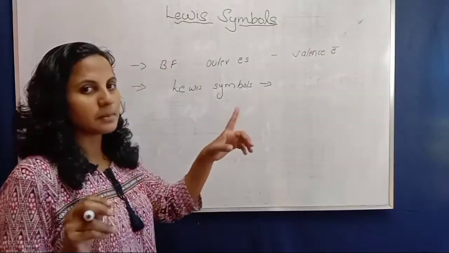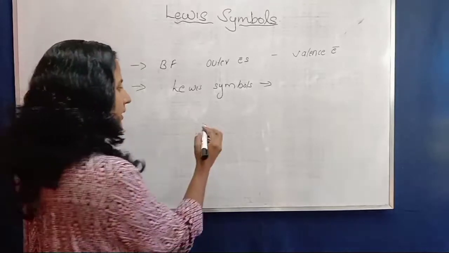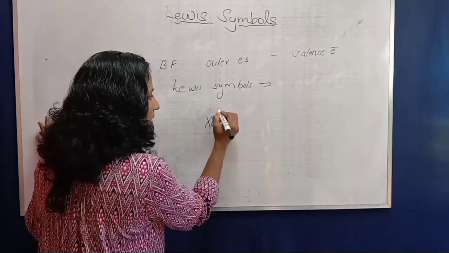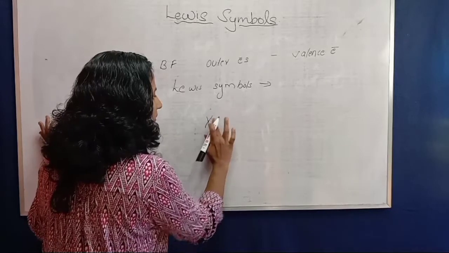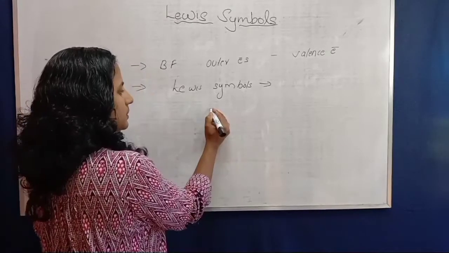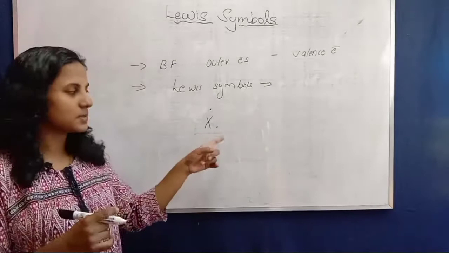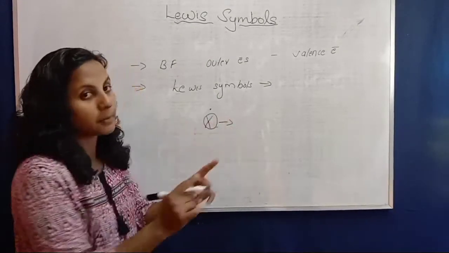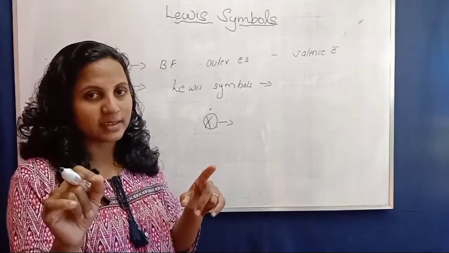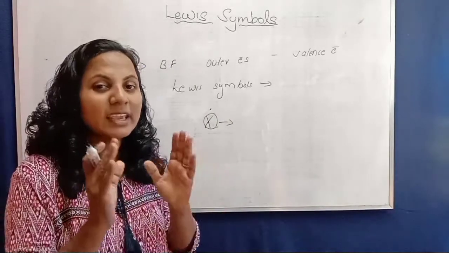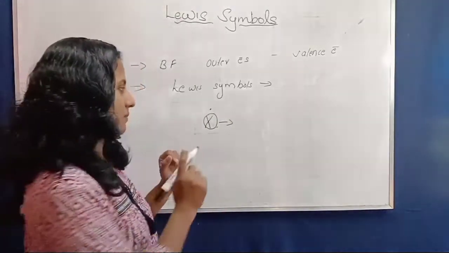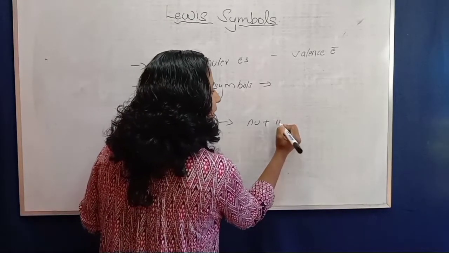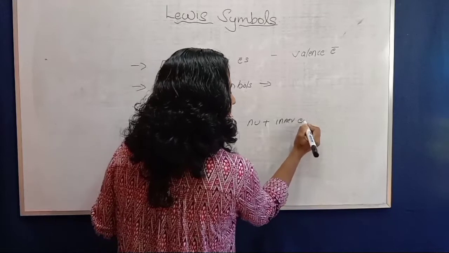This Lewis symbol consists of two parts. If it is an atom, let us take X, there will be this part and this part. The part I have written as X represents the nucleus of an atom plus the whole inner electrons of the atom, that is, nucleus plus inner electrons.